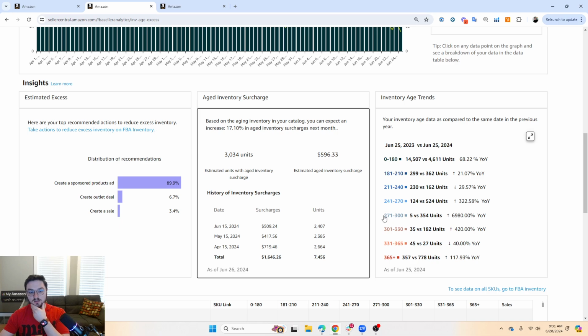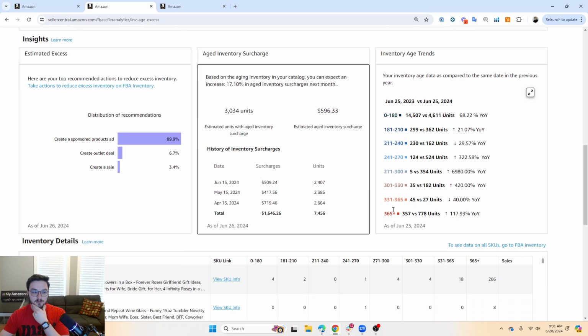And even still, for instance, this one you can see 5 versus 354 for the 271 to 300, and it's up 7,000%. There's not much we can really do with that information, other than you can look at it and say, oh, okay, so around the time frame of 9 months is when you should expect that if you're not sold through a product, you're going to see a huge increase there.